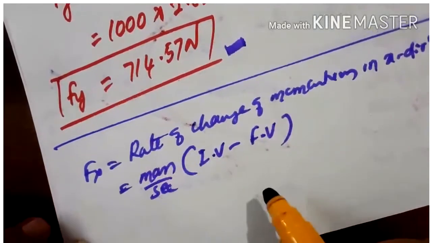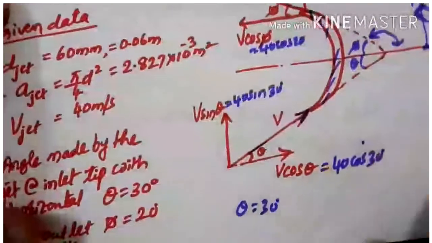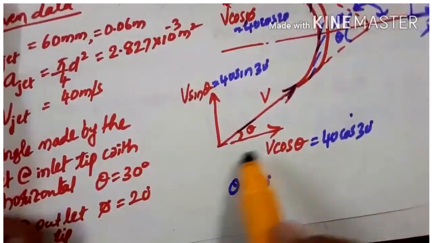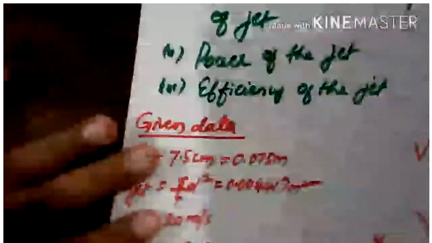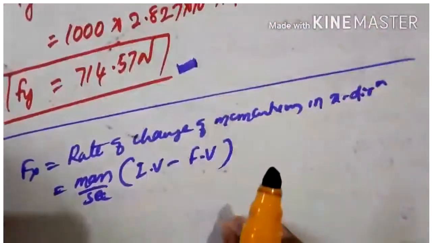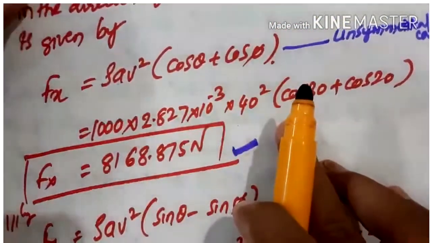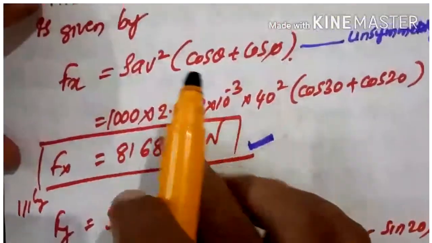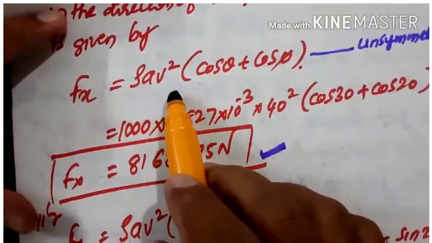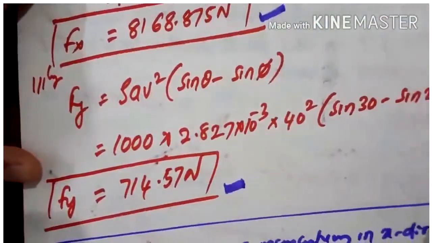Referring to the figure you have drawn here, you can write the initial velocity and final velocity, substitute in this equation, and you will get the answer. Or else you remember these equations for the unsymmetrical case. Since this problem is given as an unsymmetrical case, we have applied the unsymmetrical equation here in x direction as well as in y direction. So these are the answers.